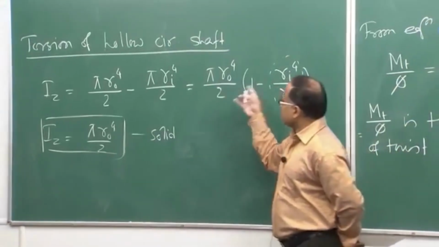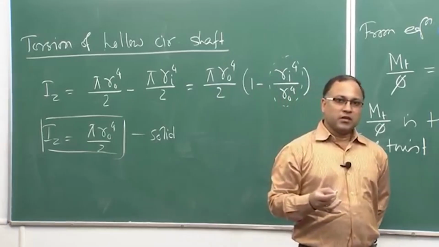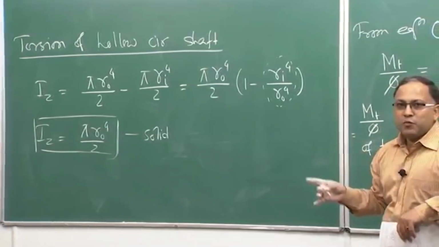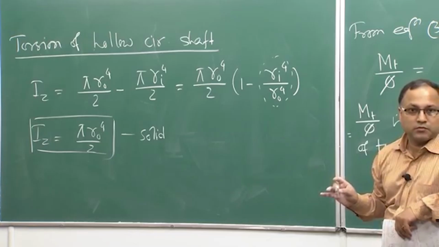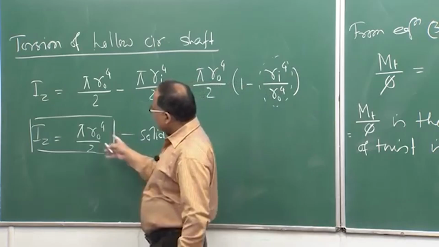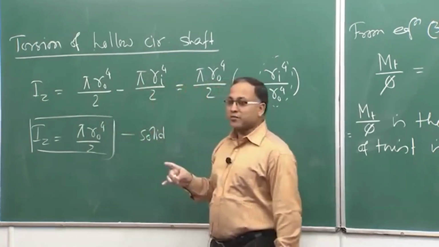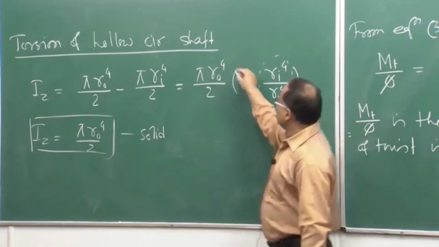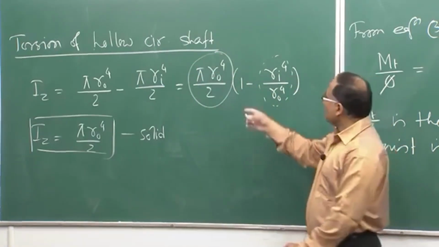So if you consider the hollow circular shaft, your polar moment of inertia is not getting affected much. The actual polar moment of inertia for the solid circular shaft is this, but when you consider the hollow shaft, it gets multiplied with this factor.